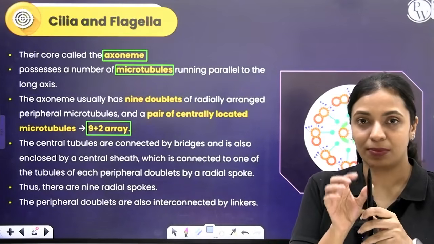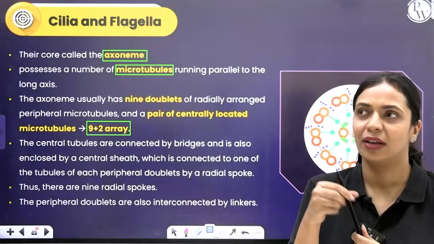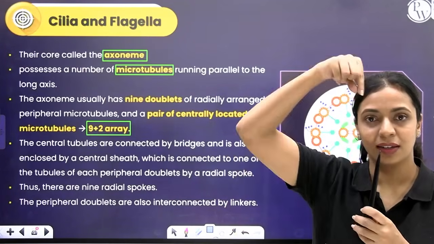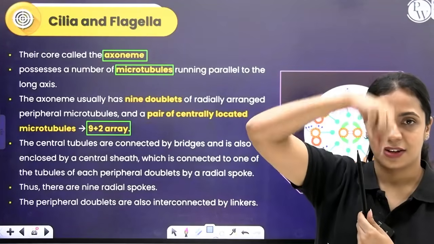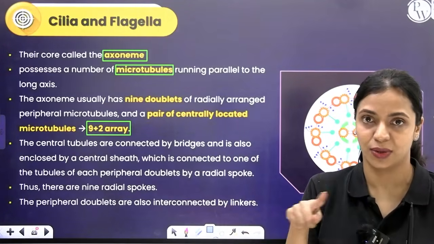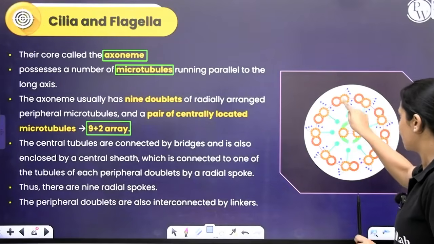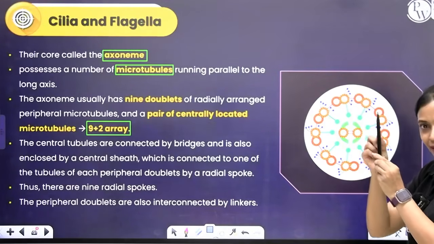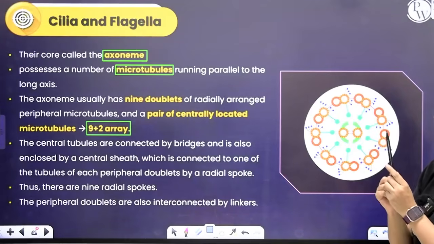Inside the flagellum, outer boundary or outer covering, you have the plasma membrane. In the core, you have many tube-like cylindrical structures present, microtubules. When you cut it and look at it, it will appear circular, right? So these are circles, but in the cilia or flagella, they are cylindrical structures that run throughout the length.